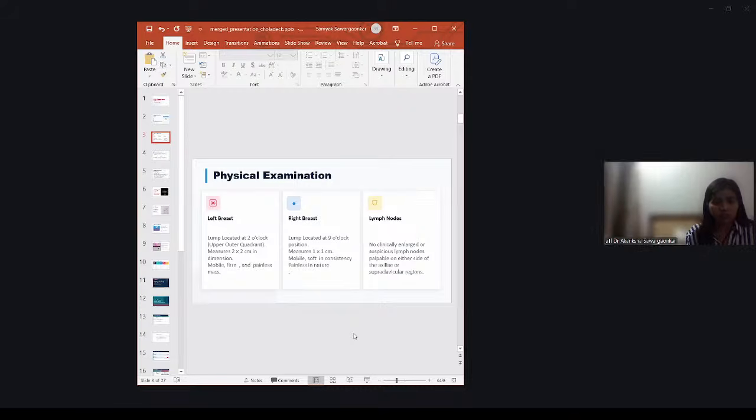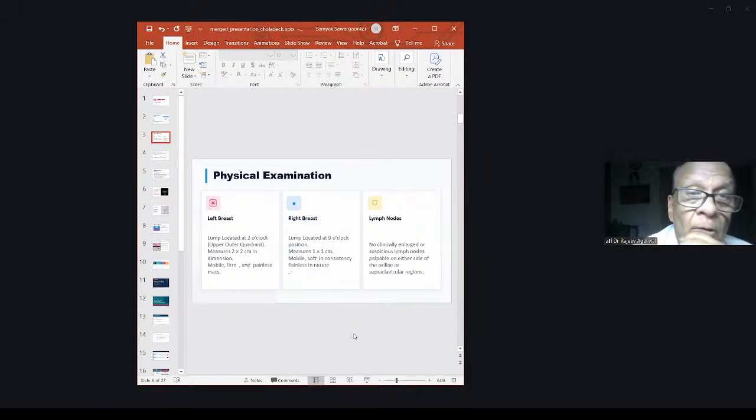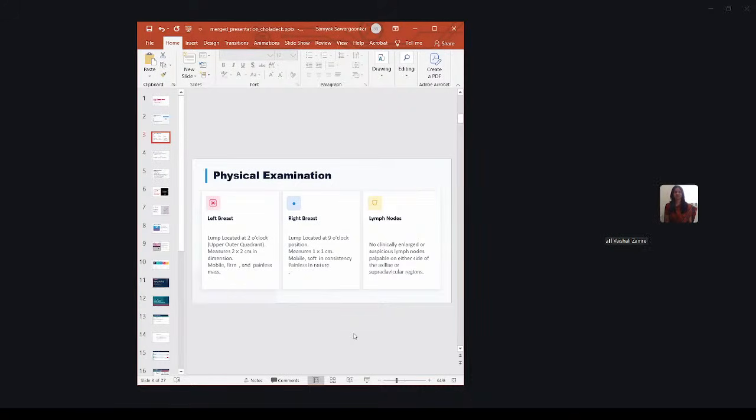She comes to you now for the first time, there is no past history, no past record of any breast imaging. You find a lump, you do an ultrasound, and you find a BIRADS 3 report, and she's say 16 weeks pregnant.